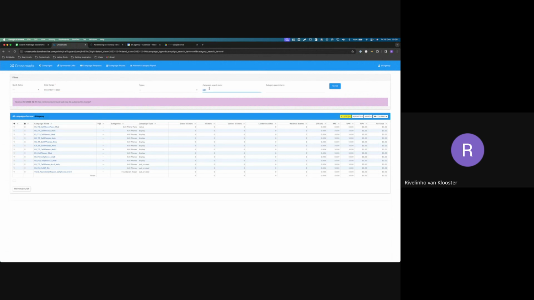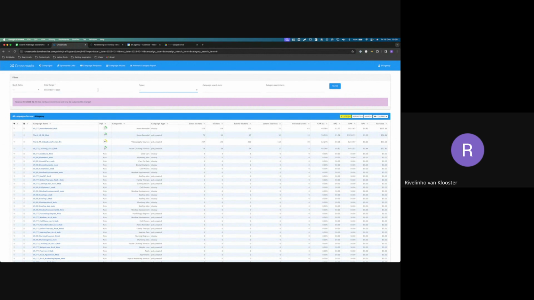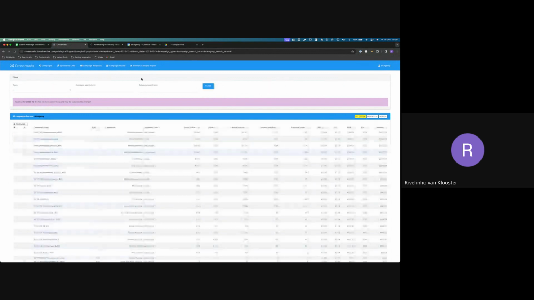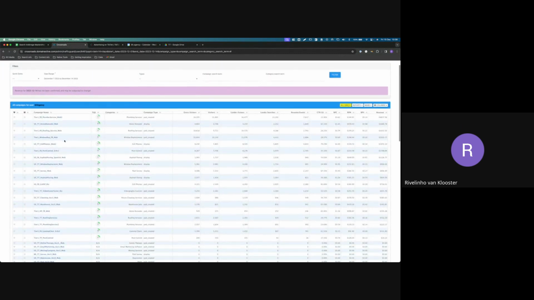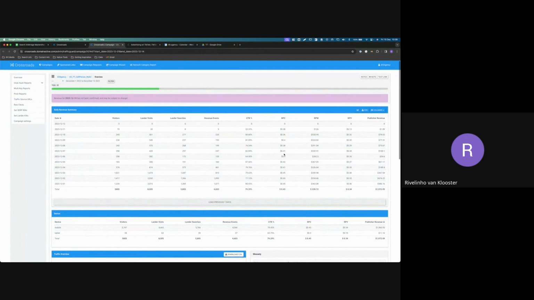Let me just pick a larger time frame. So let's say the last 14 days. Perfect, and you can see it here already, the RPC was 43 cents. And it has been like this for a while now. This is normal. I can also show you a year to date.